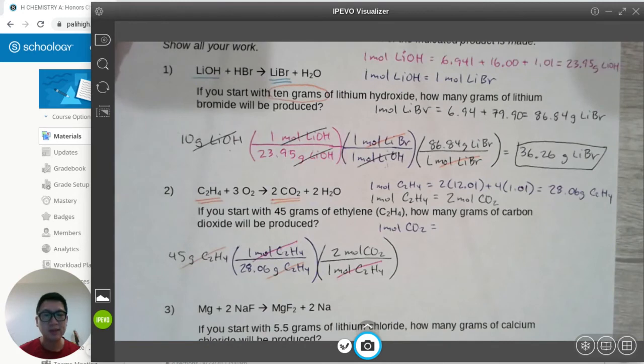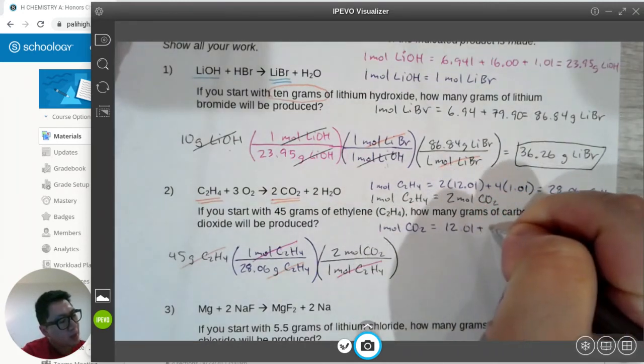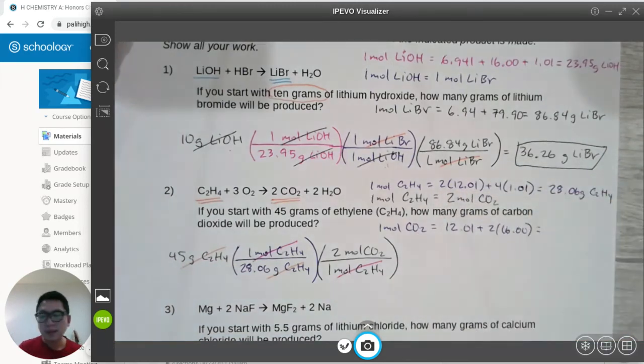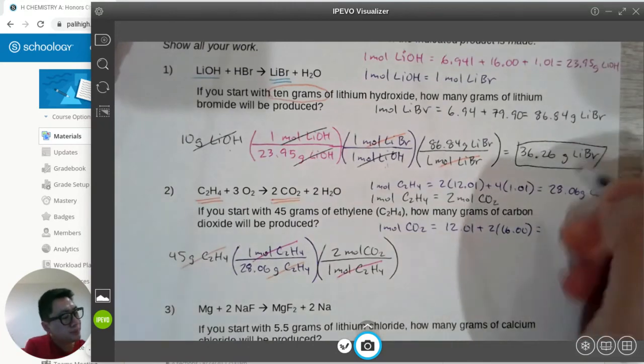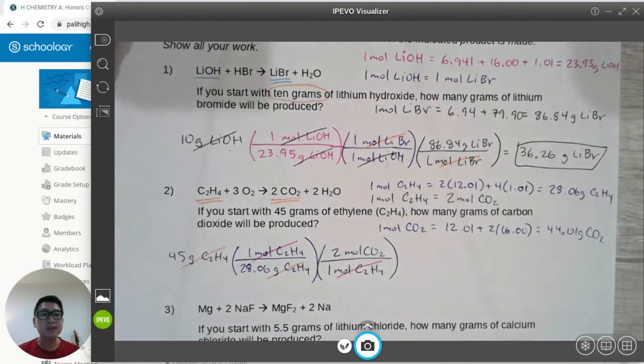How much does 1 mole of CO2 weigh? The molar mass. Carbon on a periodic table, 12.01. Oxygen on a periodic table, 16. So 12.01 plus 2 times 16, 44.01. One mole of carbon dioxide weighs 44.01 grams, 44 grams.